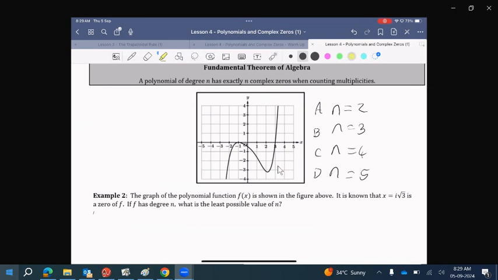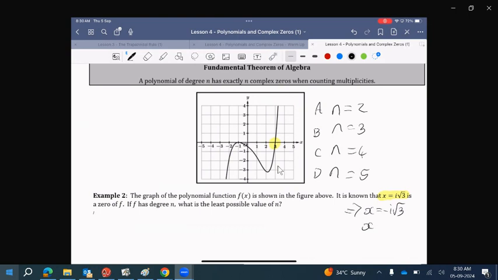Okay, so we have x equals i root 3 as the root. So using the complex conjugate theorem, there will be negative i root 3. So that's two roots already. Then if we look at the graph, we can see that there's a zero at 3, so we have x equals 3 as a root.